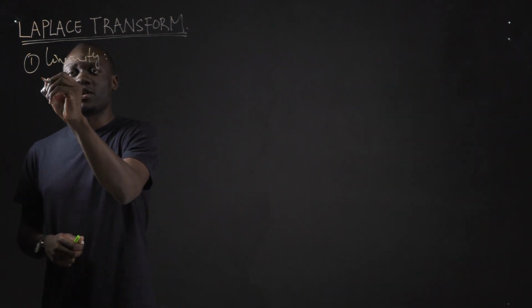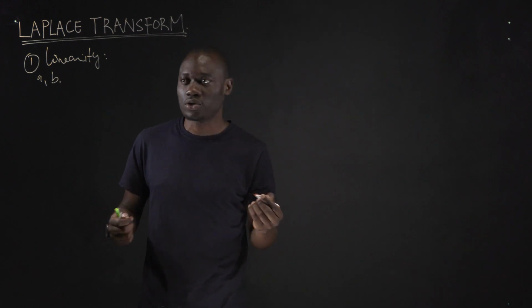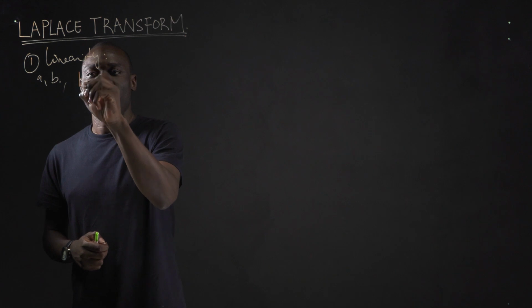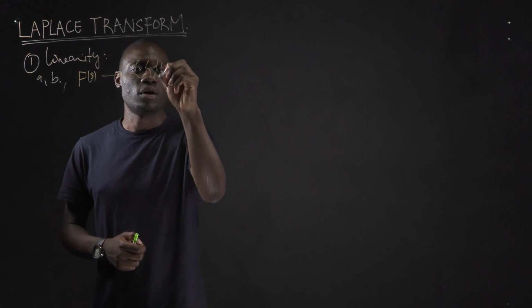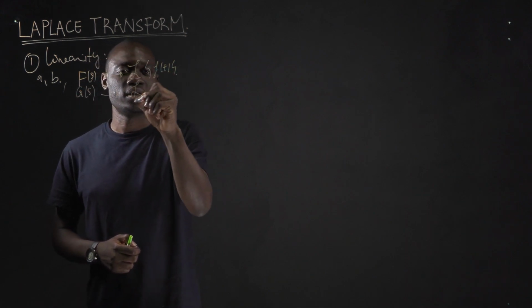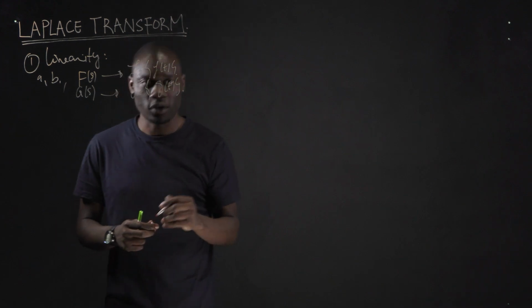Okay, let's consider a and b to be two constants, two numbers, and let's consider that F(s) is the Laplace transform of f(t), and G(s) is the Laplace transform of g(t).